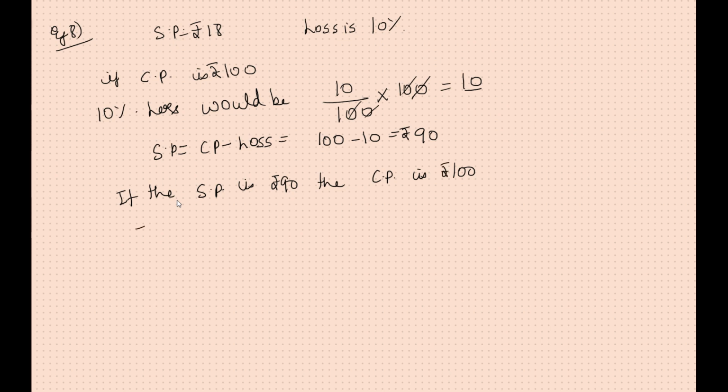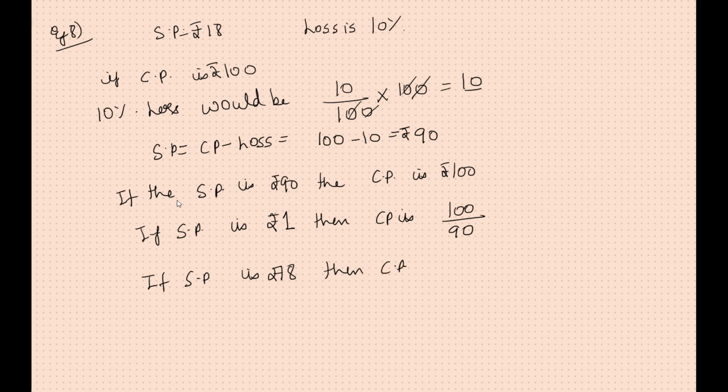Okay, if selling price is 1 rupee, then CP is 100 upon 90, and if selling price is 18 rupees, then CP is 100 upon 90 into 18. You will solve this, you will get 20 rupees.